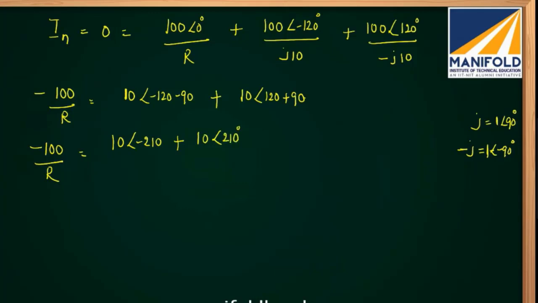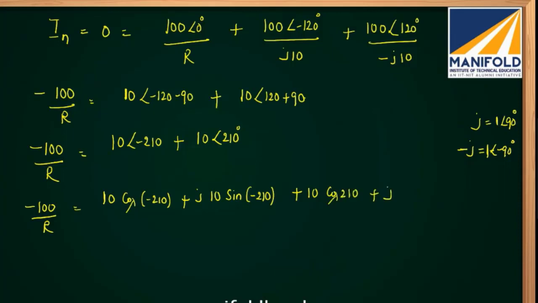Try to solve it. We can write 10 cos of minus 210 plus J into 10 sine of minus 210 plus 10 cos 210 plus J into 10 sine 210.